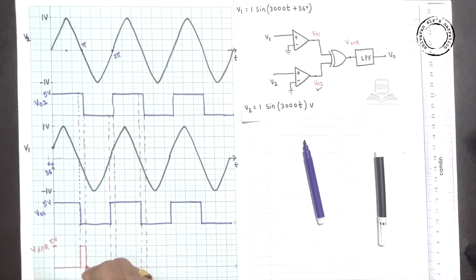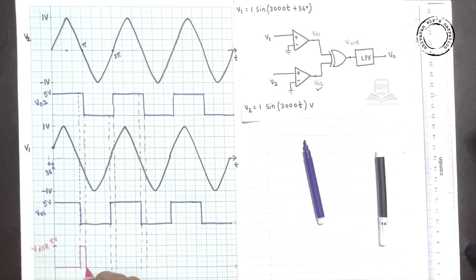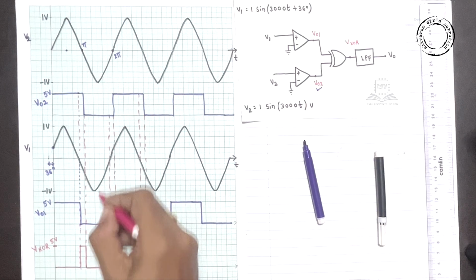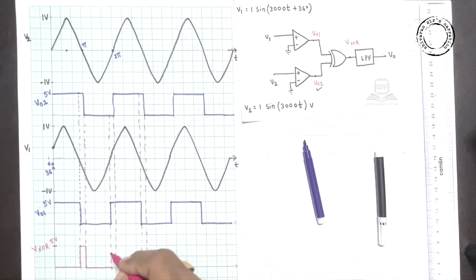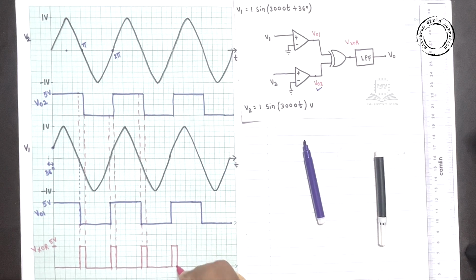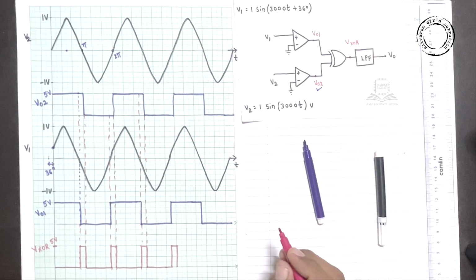And again here it is 0 only, because VO1 is 0, VO2 is as well 0. Similarly guys, the same like this.